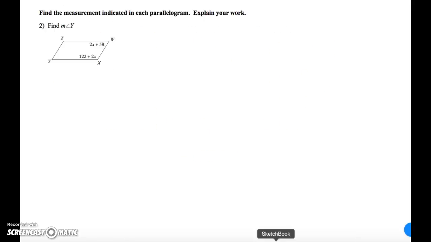Find the measurement indicated in each parallelogram. In this particular one, we are looking for the measure of angle y, which is this particular angle. Since it is a parallelogram, we know for sure that these two sides are parallel, and these two sides are parallel.